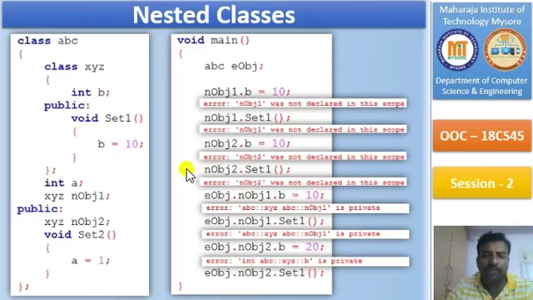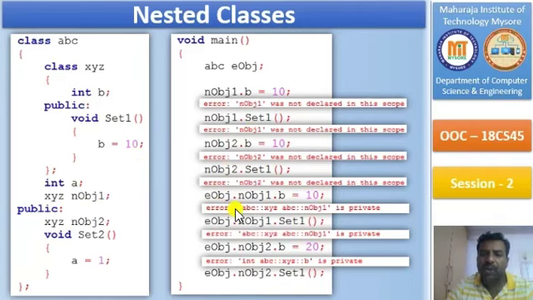Hence you cannot do this. So now the same thing even in this case. Hence you're not supposed to access any members, be it public or private, using the inner class objects which have been defined inside the enclosing class.